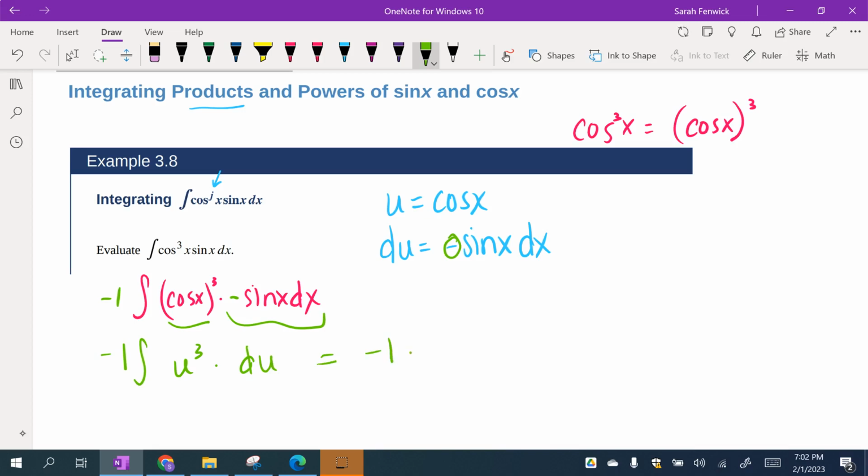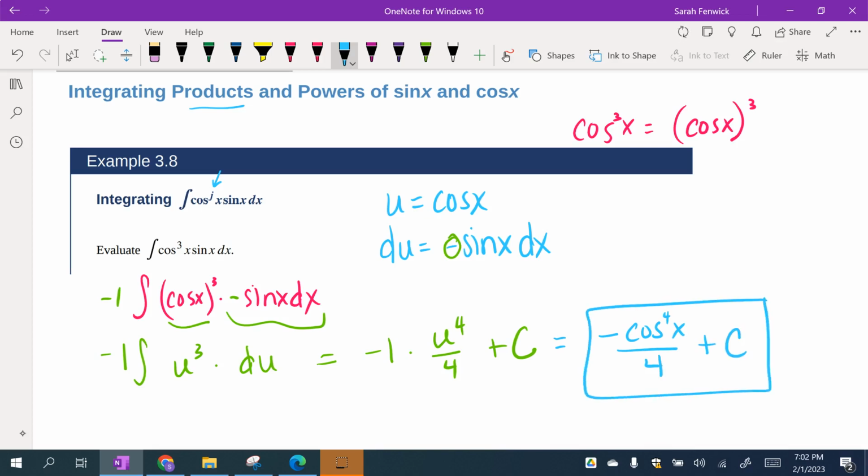That would be negative 1 times u to the fourth over 4 plus c. And we replace our u, negative cosine to the fourth x over 4 plus c is the answer. Sometimes you might see it as negative 1/4 cosine to the fourth x plus c. Same answer.